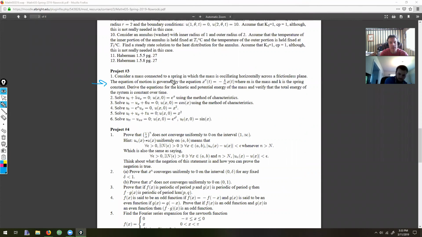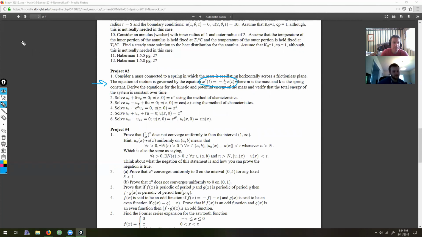So we have to consider a mass connected to a spring. We have our equation here that models the motion of the mass on the spring. And we're supposed to derive an equation for the kinetic and potential energy and show that it doesn't vary over time, right?